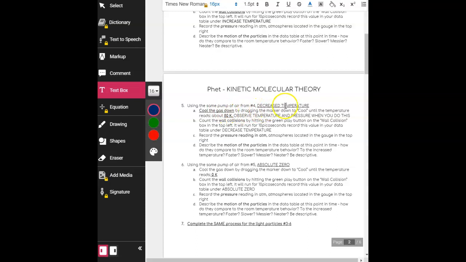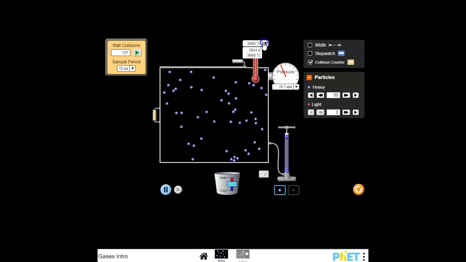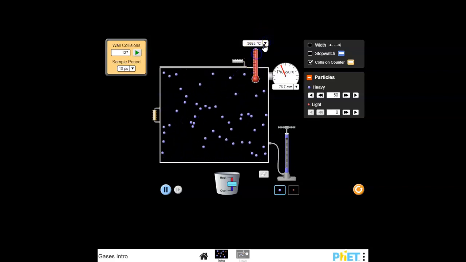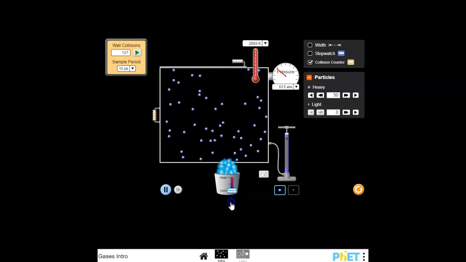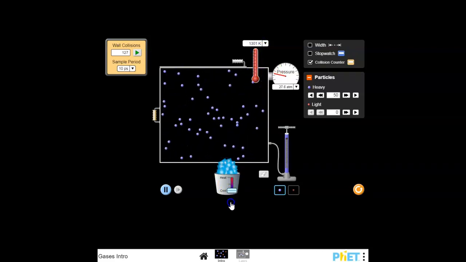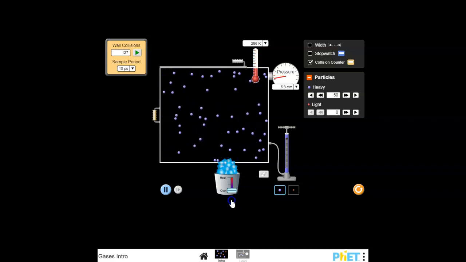Now it says decrease the temperature. Cool the gas down by dragging the marker down to 80 Kelvin. This K stands for Kelvin. We can switch between Celsius and Kelvin. They are equal when we switch. Now we're going to go to Kelvin, and we're going to cool it down to 80 Kelvin. We're going to hold the ice here till it gets to 80 Kelvin. And you can slow this down. You don't have to hold it all the way down.